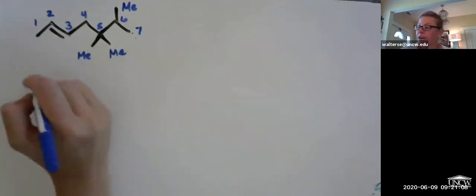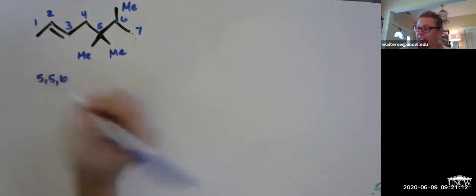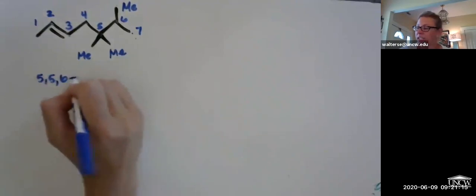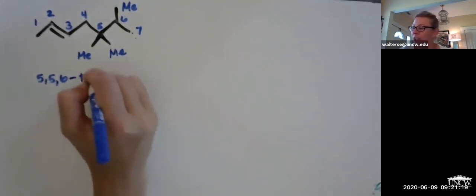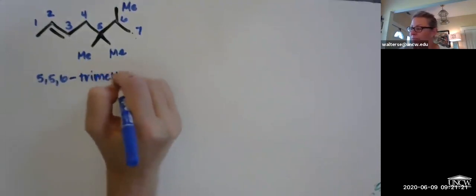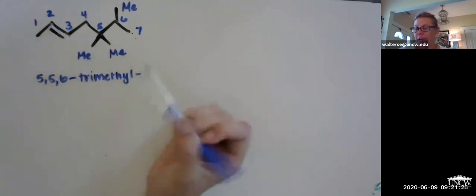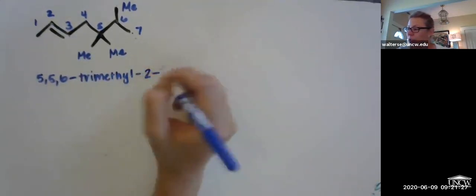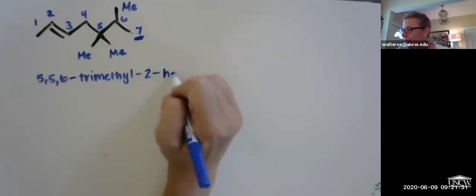So we're going to write our numbers as 5, 5, 6. Since I have 3 numbers, I need the prefix tri, methyl. And now I have to give the position of the pi bond, 2, with a 7 carbon parent, heptene.